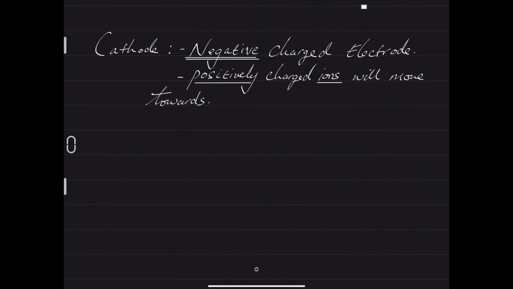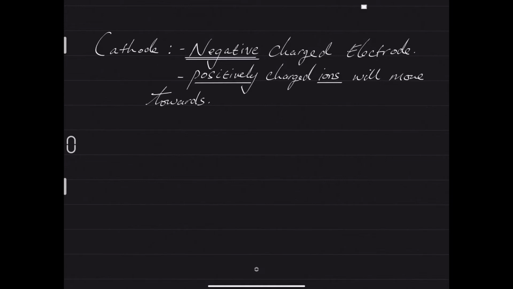Cathode, negatively charged. This means anything positively charged in the electrolyte solution is going to move towards the cathode. The positively charged ions are going to be attracted towards the negatively charged cathode.